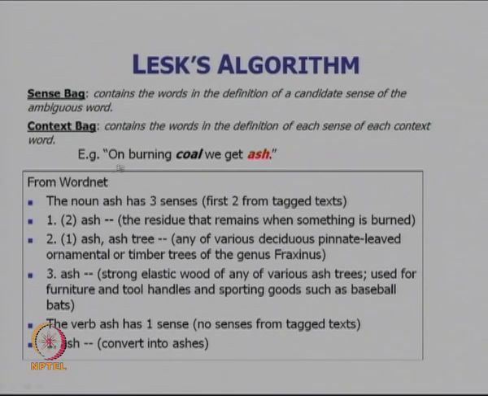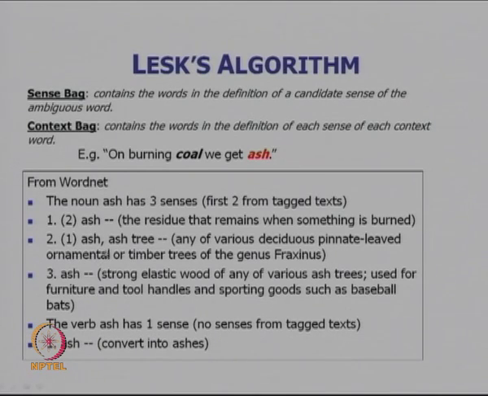So, if I take this sentence, on burning coal we get ash, and suppose ash is the word which needs to be disambiguated. From WordNet we find that the noun ash has three senses. Ignore for the moment these phrases in the brackets. Ash has the first sense, the residue that remains when something is burnt, the most frequent sense of ash.